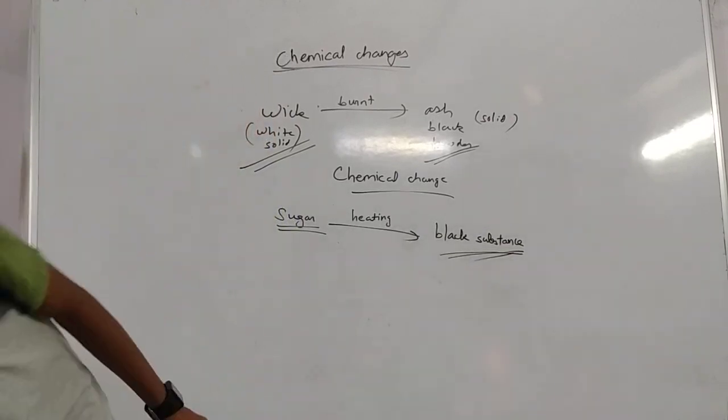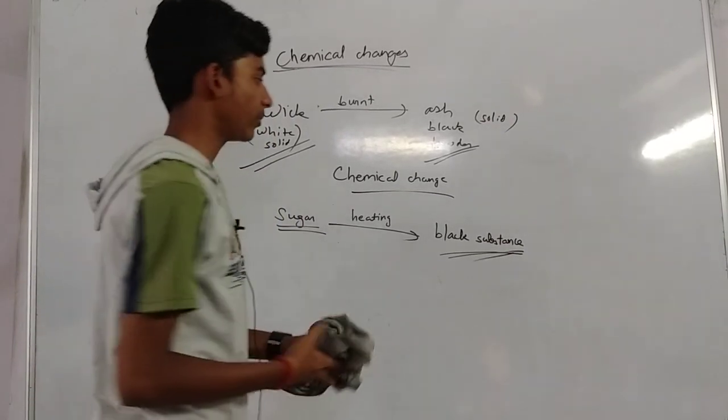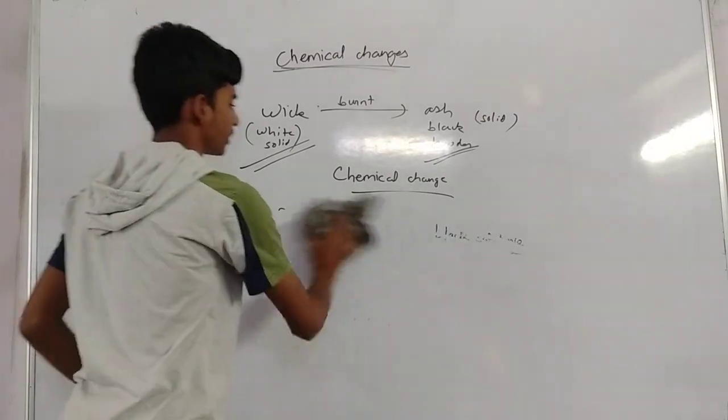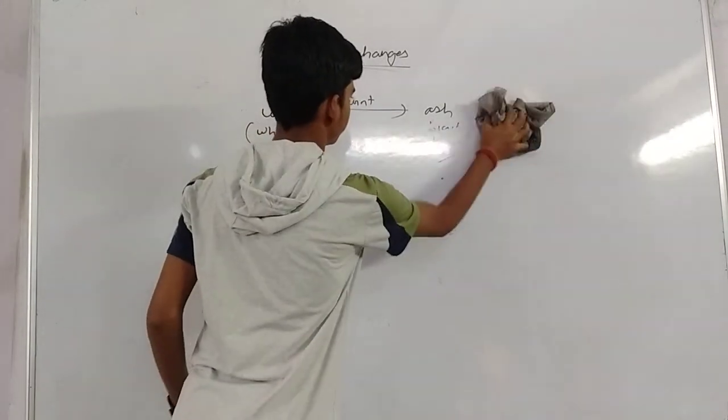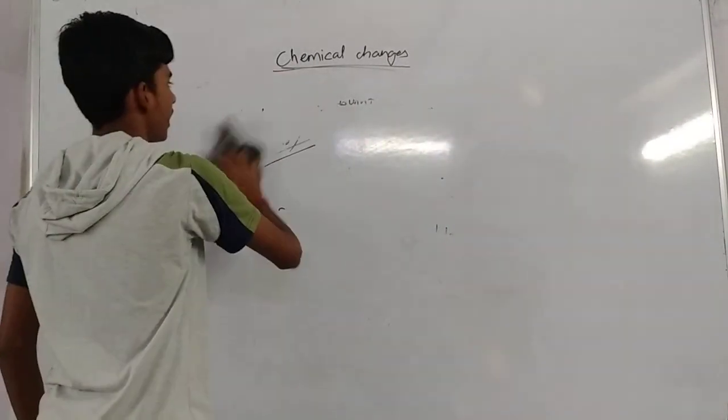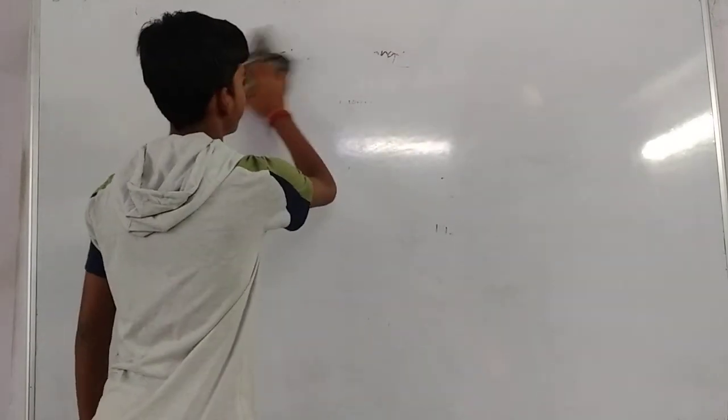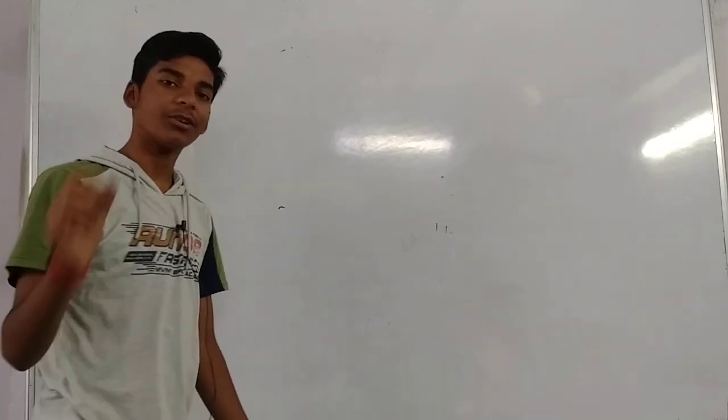Now we understood what physical changes and chemical changes are. So the question comes, what is a chemical reaction? A chemical reaction is nothing but a process of chemical change. Chemical changes are simply called chemical reactions.